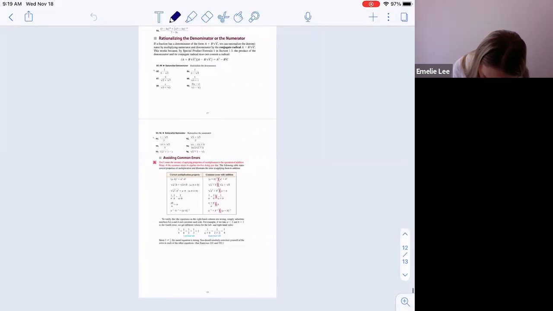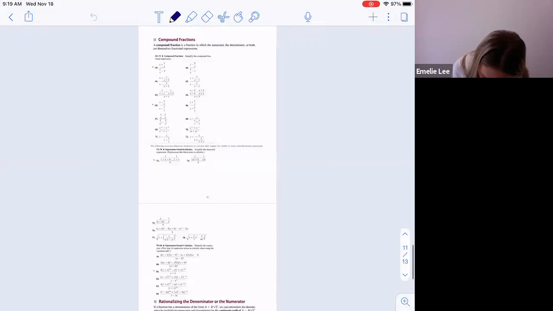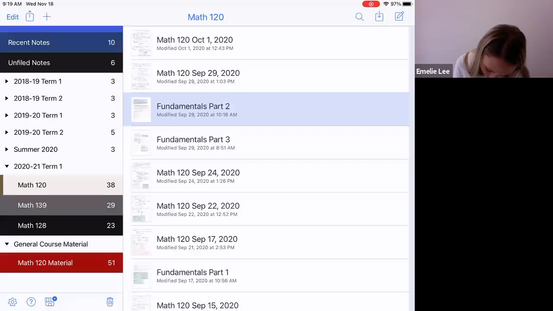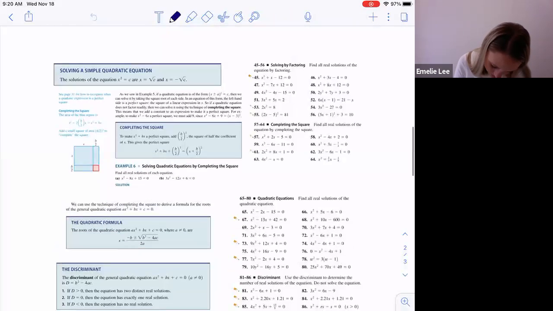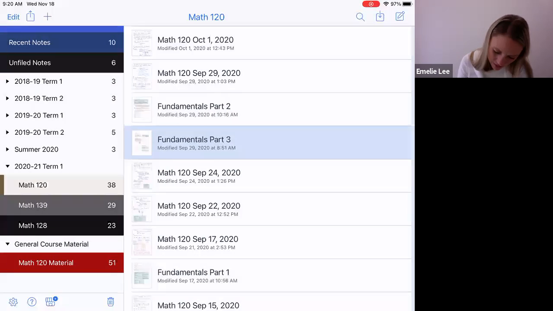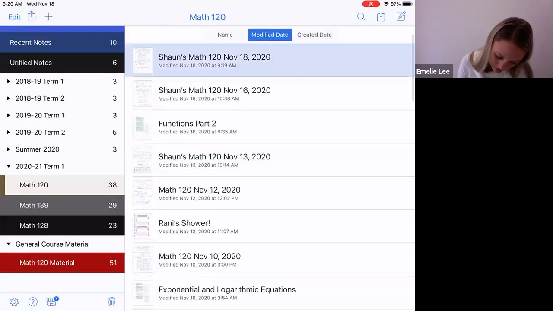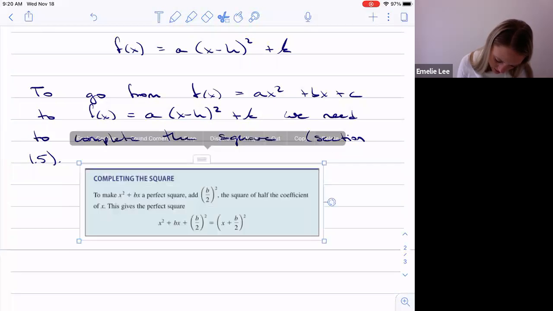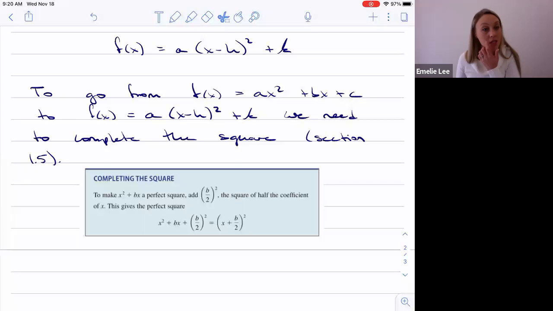That's 1.4, I'm just grabbing. Here it is. Way up here. Okay, so we have to complete the square. I'm just going to have that there for reference.